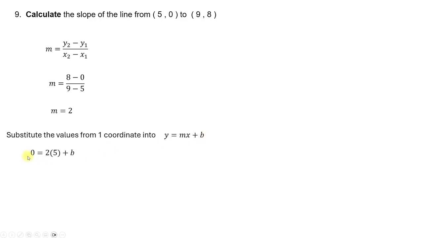So y is 0, the slope is 2, x is 5, and we're solving for b. This gives us a value of -10 for b. We know the y-intercept, we know the slope. Now we can write an equation. y equals 2x minus 10.